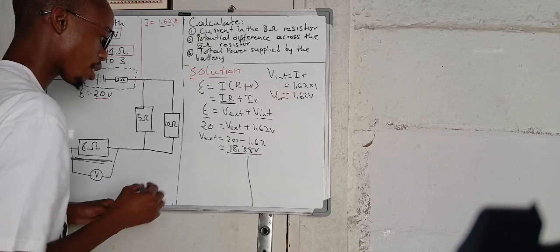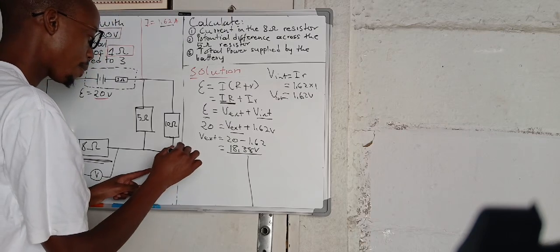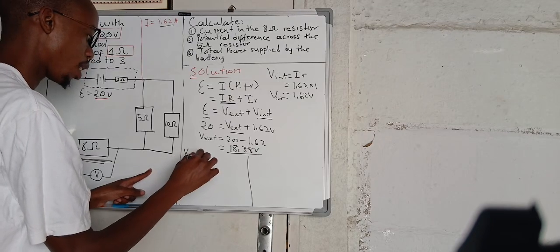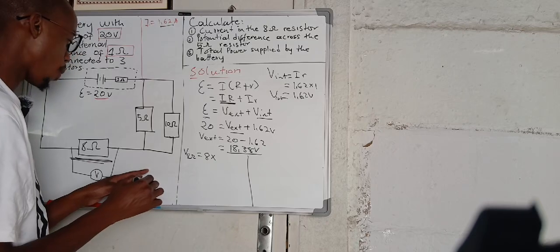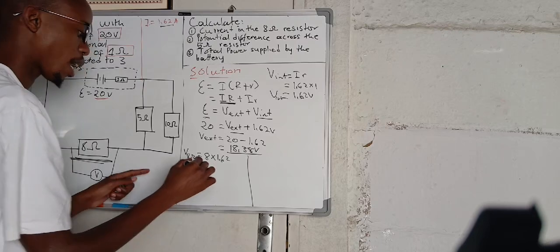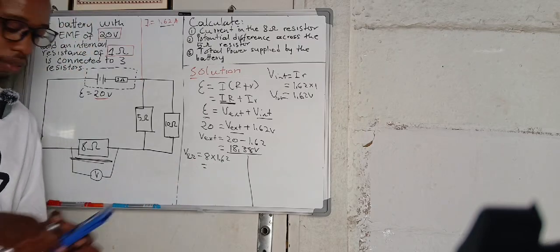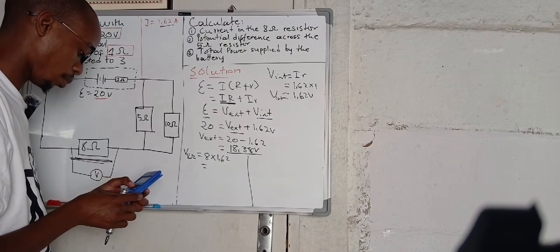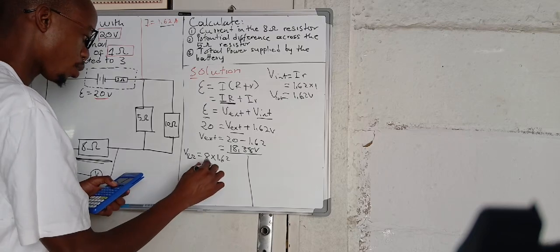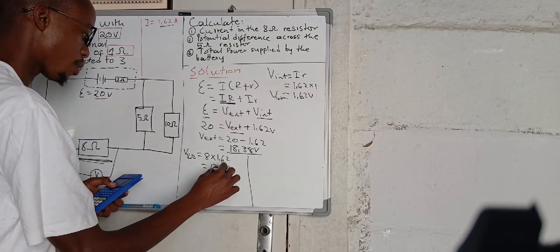Now, voltage across the 8 ohm resistor is going to be 8 multiplied by the current, 1.62, and I end up having 12.96 volts.